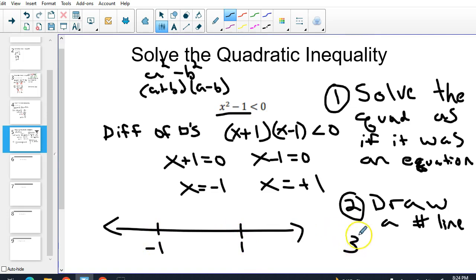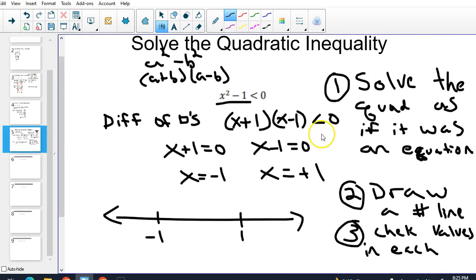Once we draw the line, we are going to check points. In this case, they're just a value because it's just an x value. So we're going to check values in each interval.